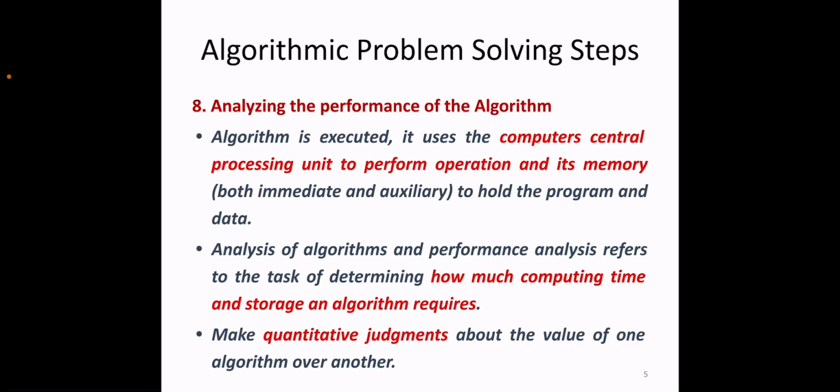After the algorithm is executed, the computer CPU performs operations and its memory holds the program and data. Then how much computing time is taken for the execution, and how much storage the algorithm requires, are all analyzed in this step.